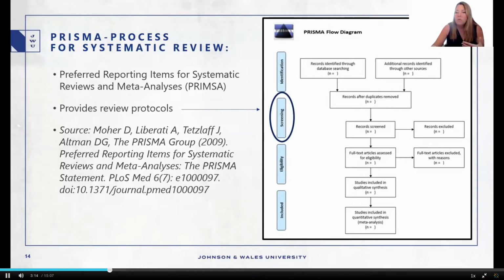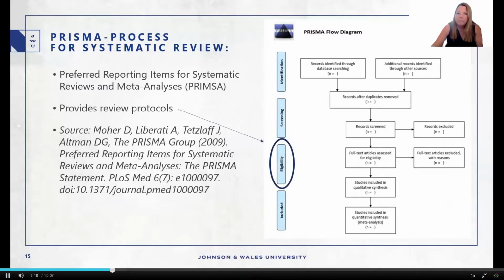And how did you make sure that you remove duplicates in a systematic way? And which studies are eligible to be included in your review? It may be that some were caught in that initial net, but aren't relevant to the topic that you're reviewing. So you start with this universe of studies that you've defined, and then you narrow down and create a smaller universe. You end up with a total number of included studies that you take to the next step, the further analysis.